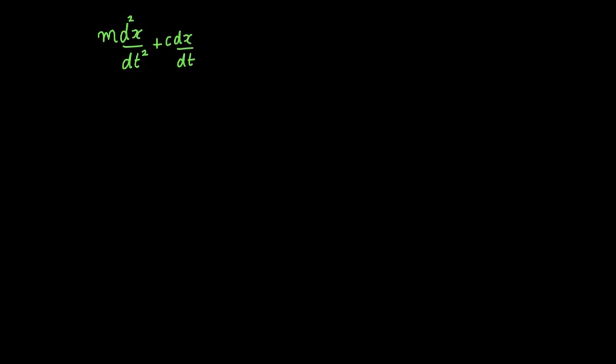So these two are forces, plus k, which is the spring constant, times x is equal to 0. What this equation is telling us is that the algebraic sum of all the forces, the net resultant force, is going to be 0. That is the meaning of this particular governing differential equation.